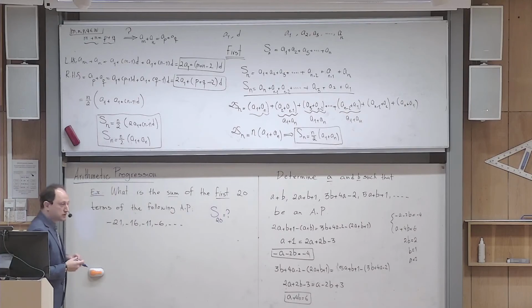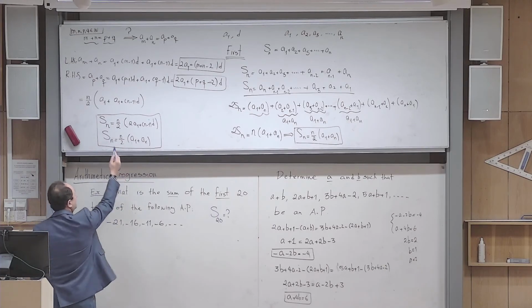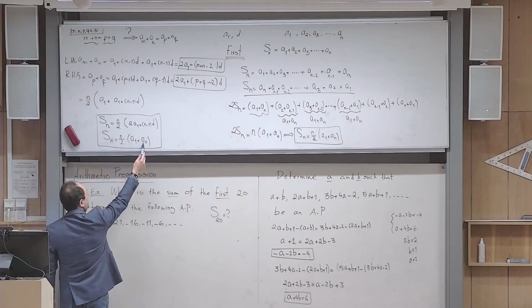So I want you to understand that this is the question they are asking about. Okay, we have two formulas for Sn. Which is more useful, do you think, here? The first one or the second one? The first one, because for the second one, you need to know a number 20.